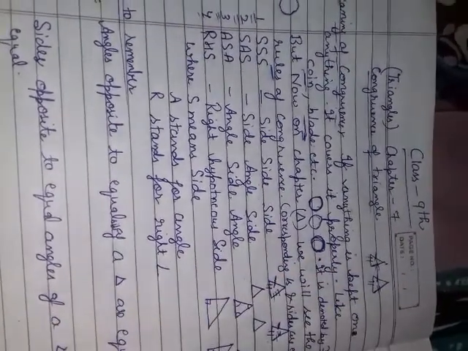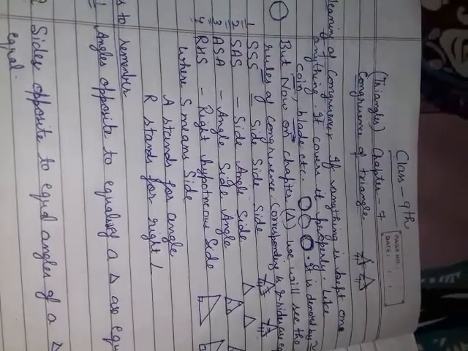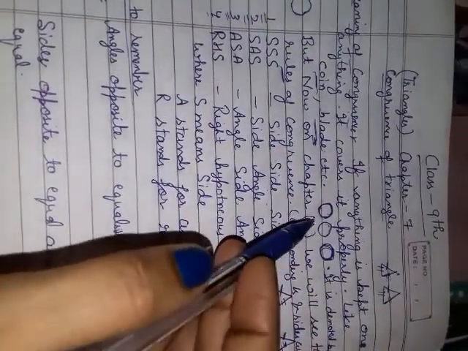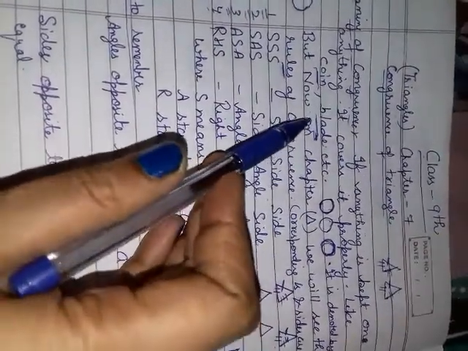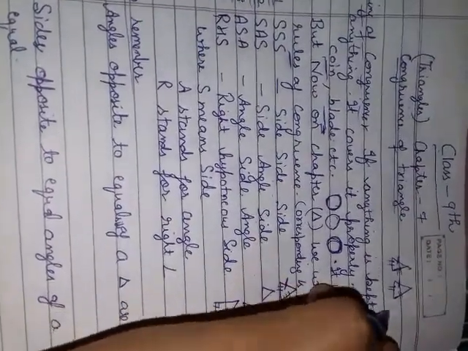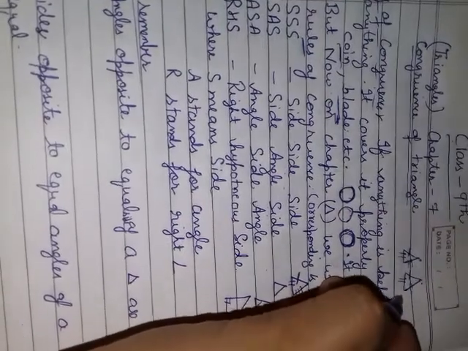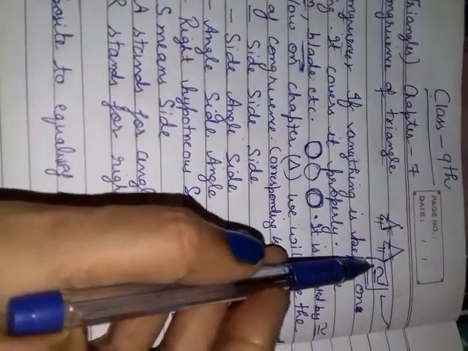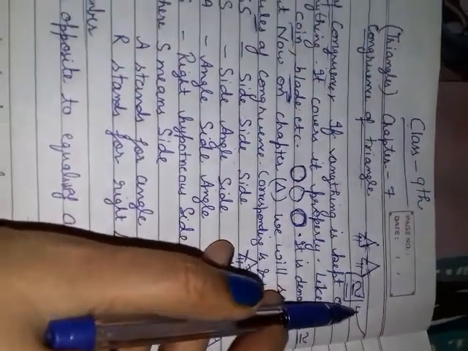When all the corresponding sides and all the angles are equal, this is known as congruent triangles. And it is denoted by a symbol. Firstly put an equal to sign, then this one. This is the sign of congruency. Remember, this is the sign of congruency.